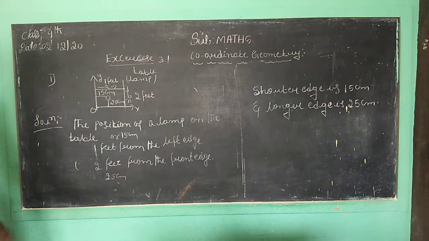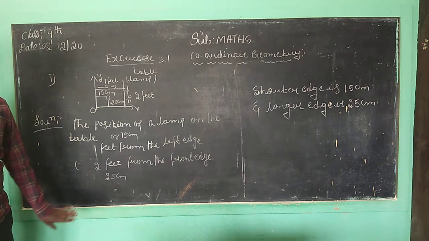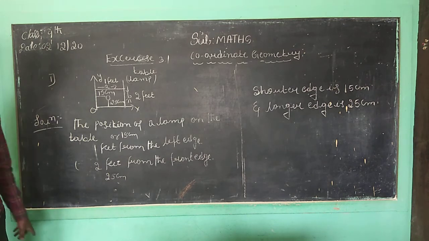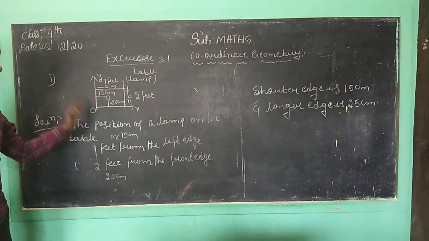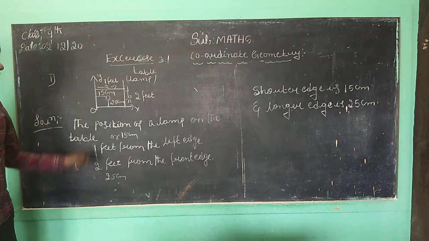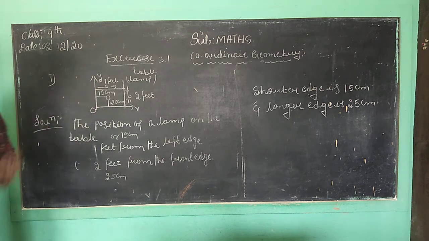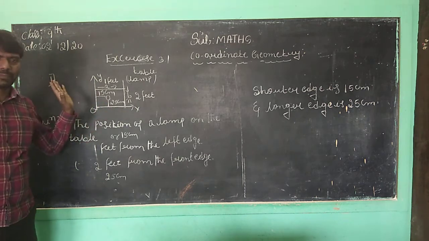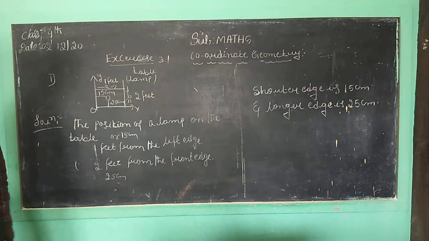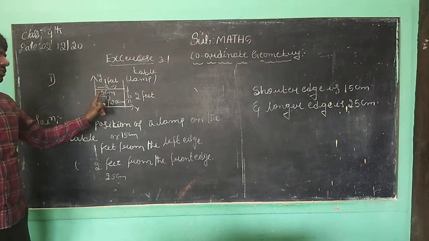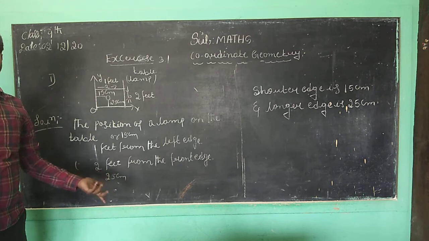Children, this is how we can arrange it. Correct, children? Now we want to take the next question. You can understand this one, it is very simple. The y-axis and x-axis: the x-axis you can call abscissa and the y-axis you can call ordinate. The table is having a round shape. On the table you can keep that lamp, 15 centimeters, 25 centimeters, whatever it may be. That is your value. Okay, children. There is a shorter side and a longer side.